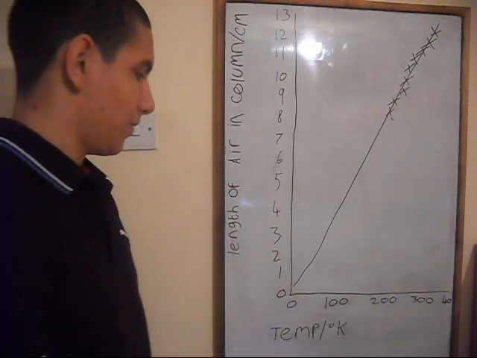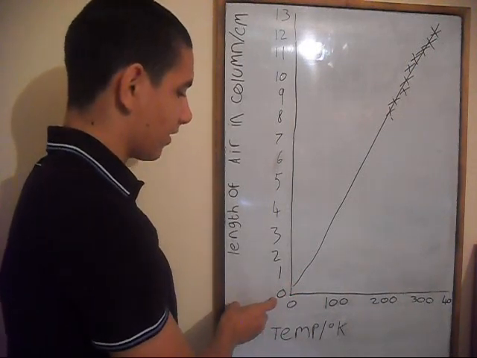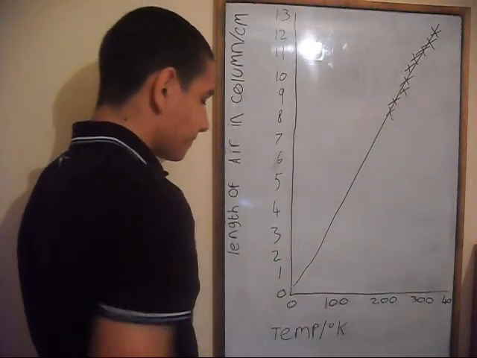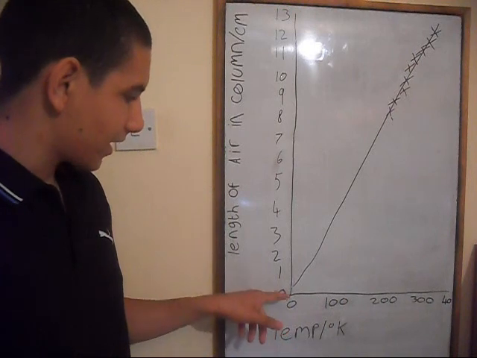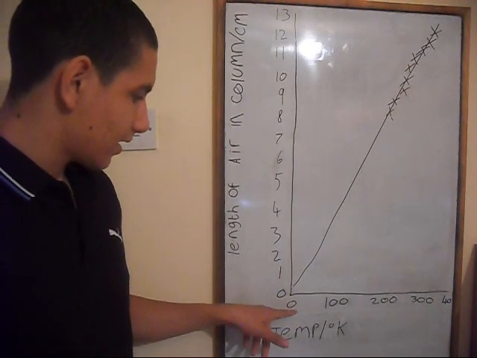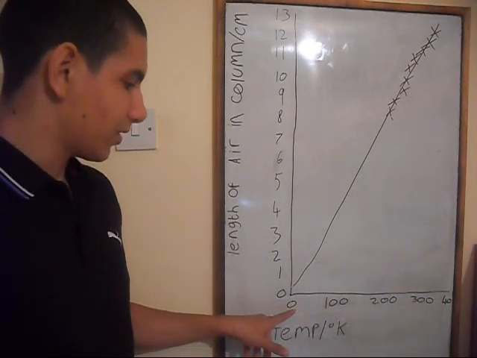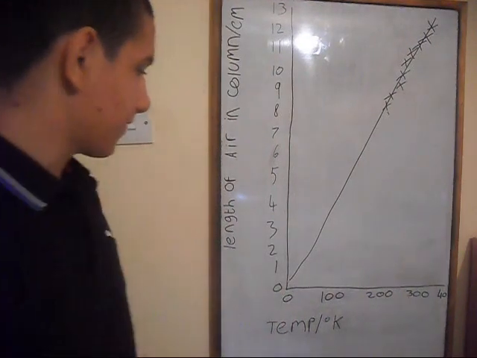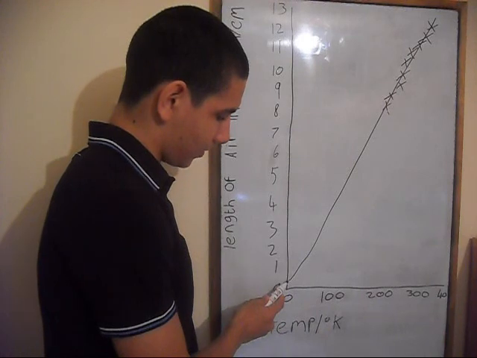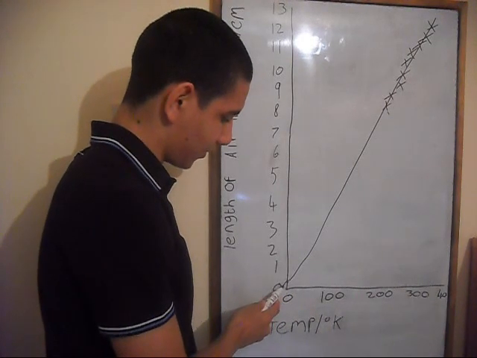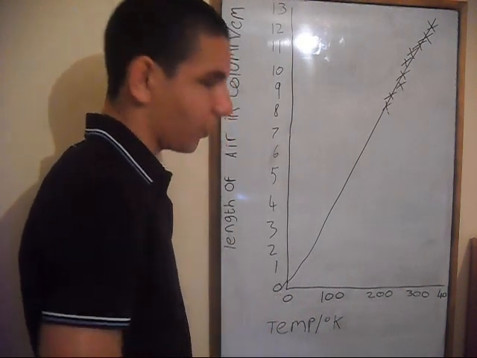If we've done the experiment perfectly and got good values, it should go right into the corner, and where the volume of the gas disappears, that's when the temperature is absolute zero. I've not drawn this line right into the corner because in my experiment I got about 7 degrees less than absolute zero for my value.